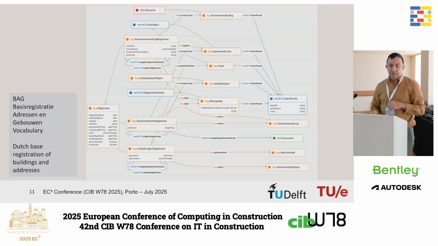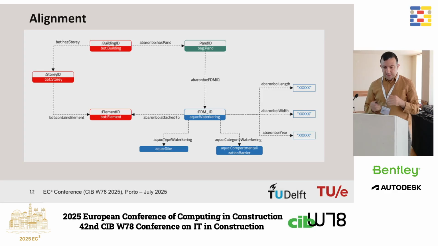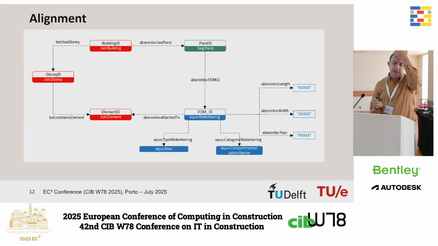This is the BAG vocabulary that we are using. It can be used to search addresses or certain other fields. The core thing is the alignment. We have the BAG, and in the BAG we are using BAG pand, and it's aligned with the BOT building.